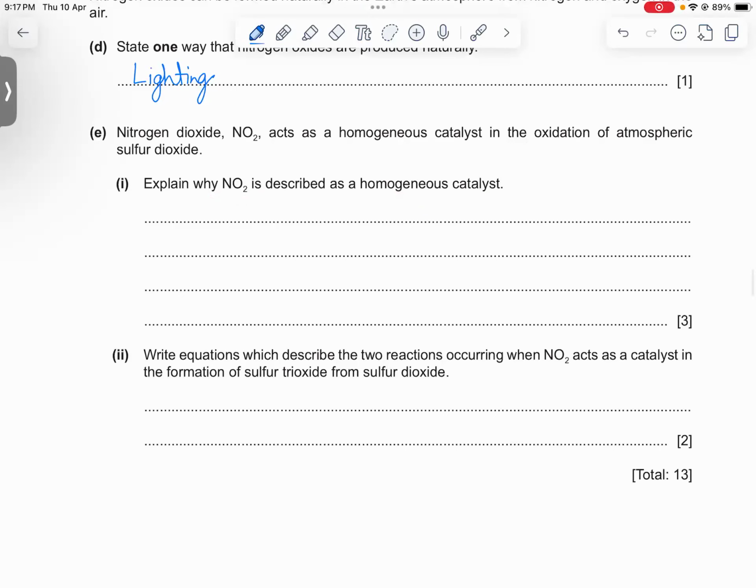So homogeneous would mean that NO2 and SO2 both have the same physical state, which is gas, right?